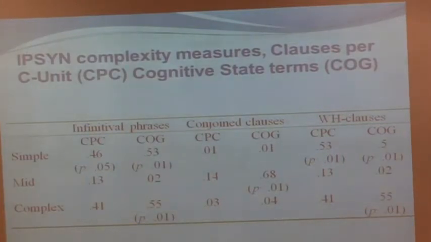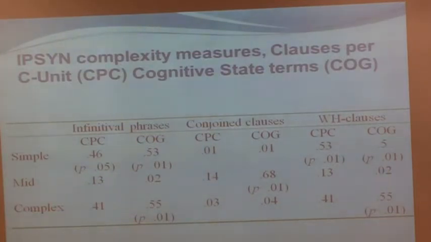We can see, so the general unit of analysis is clauses per C unit, CPC. And the specific units of analysis are infinitival phrases, conjoined clauses, and WH clauses. And another specific unit of analysis is cognitive state terms. So we're looking at a correlation here. What do we find?